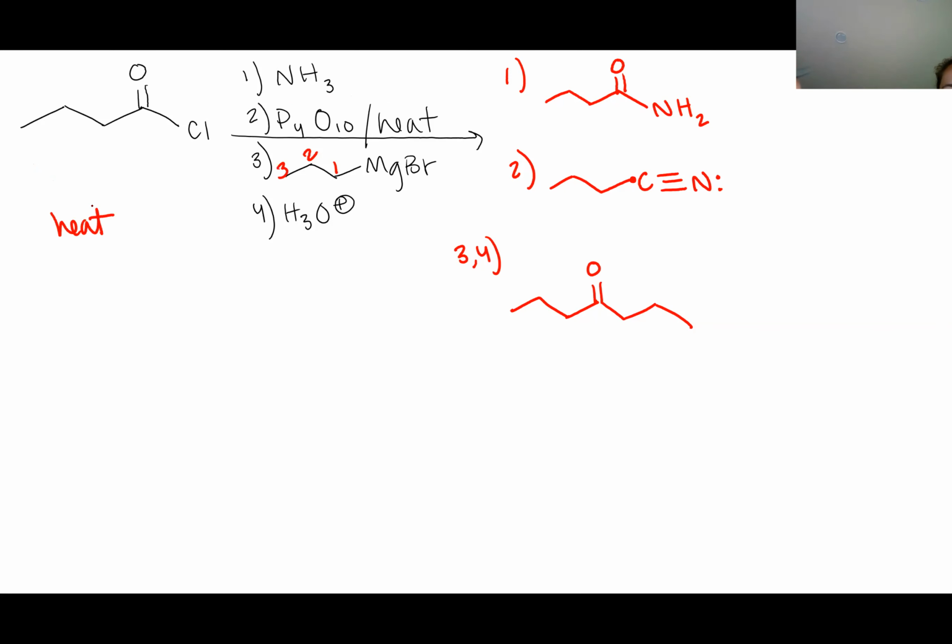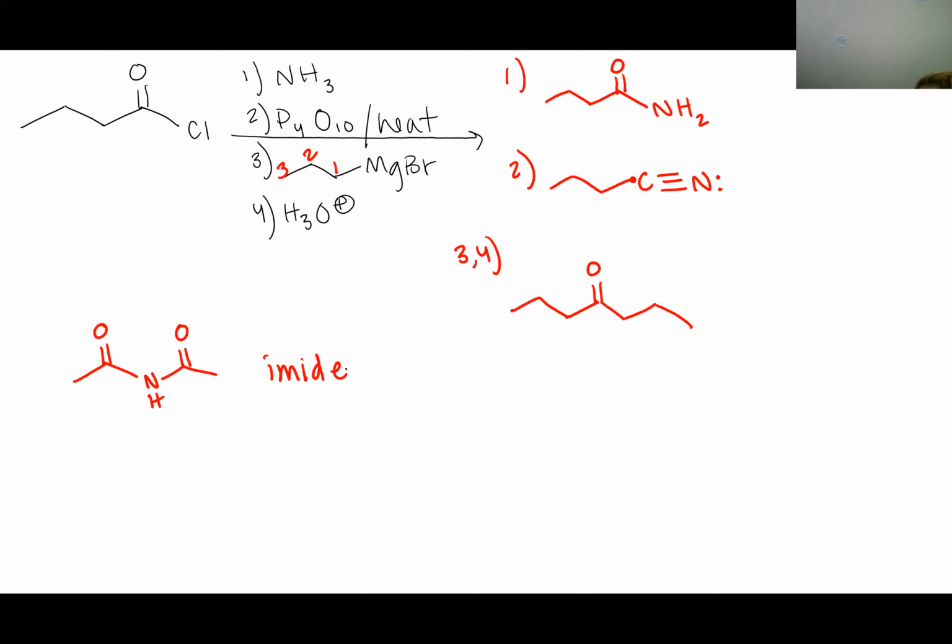I also saw a question when I was reading back through the chat about the functional group we formed in the previous one. When you have essentially an anhydride with a nitrogen subbed in for the oxygen, this is called an imide.